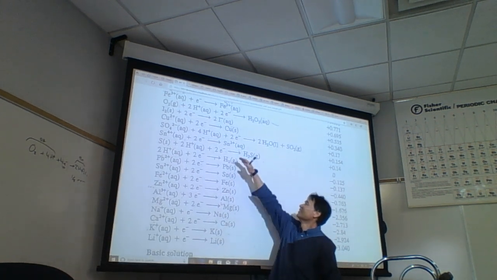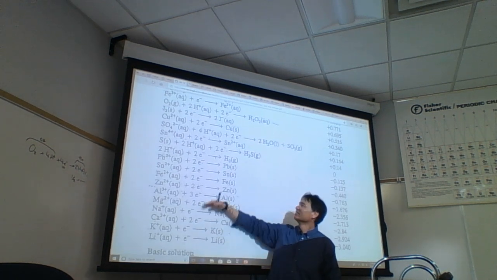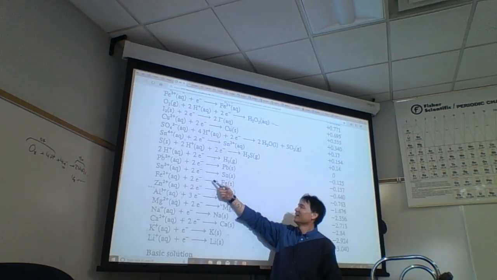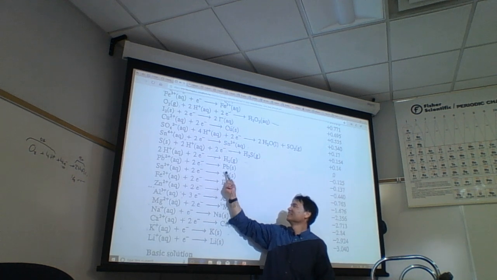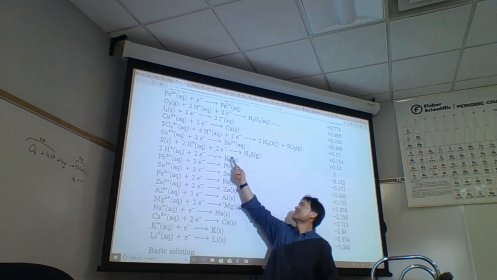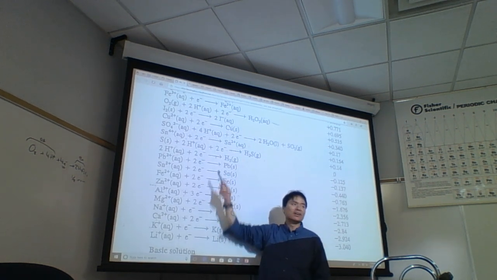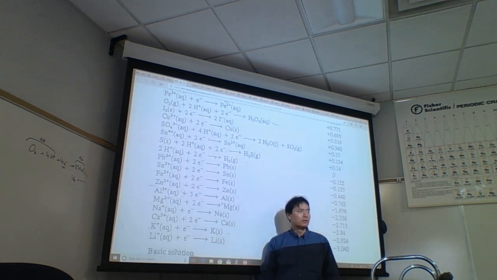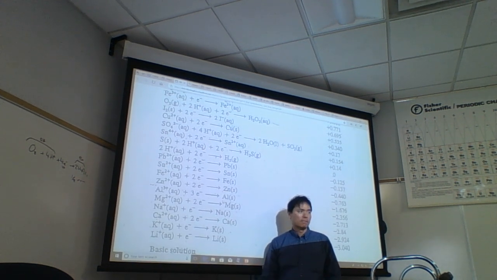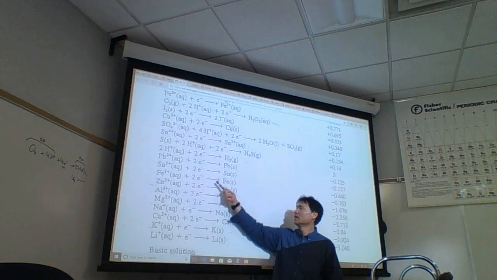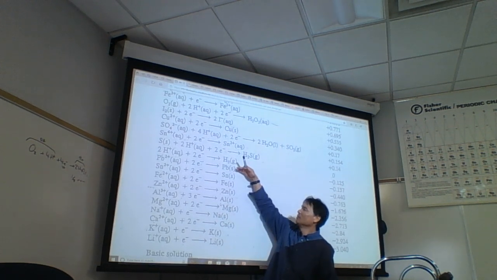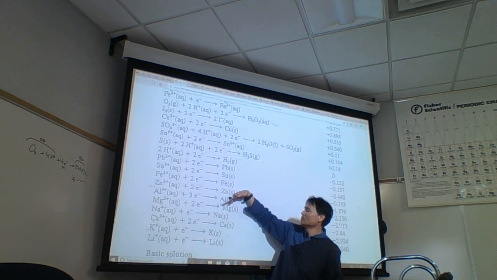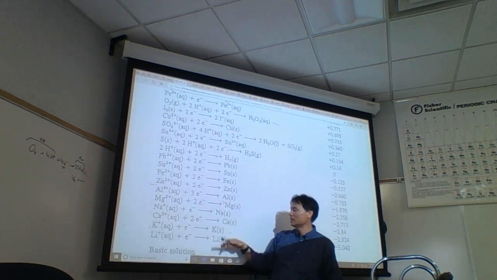All these or all those? H plus will oxidize these, or H plus will oxidize those up there? Which one? Lower, yeah. And so acetic acid will oxidize lead, tin, iron, zinc, aluminum, magnesium, sodium, calcium, potassium, lithium.